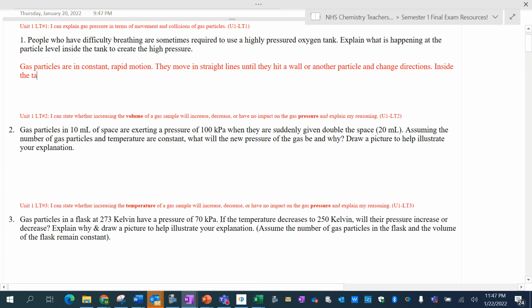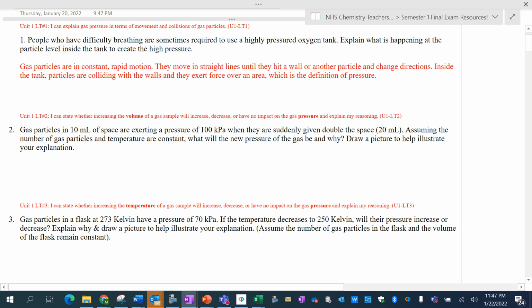Inside the tank, particles are colliding with the walls, and they exert force over an area, which is the definition of pressure.